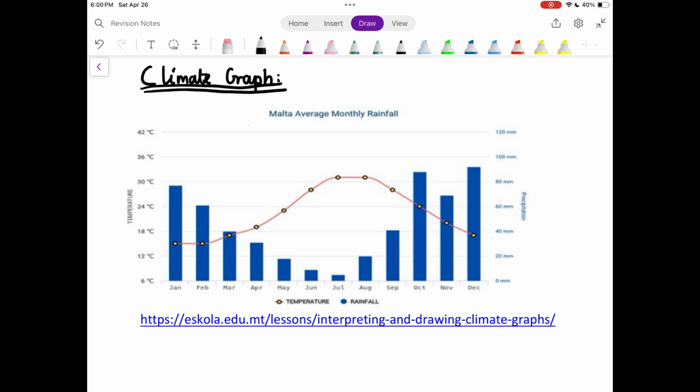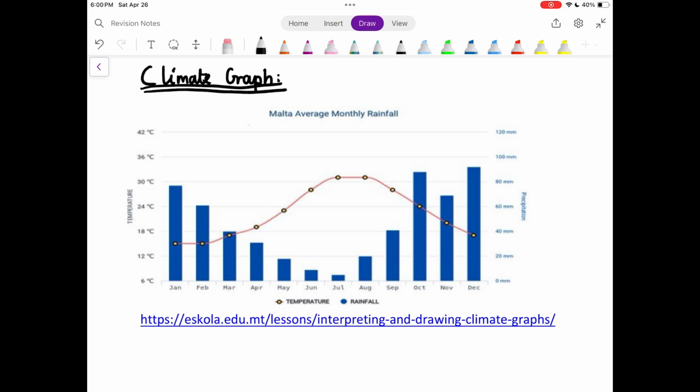And it shows how the temperature increases and decreases over the year. So as you can see, the temperature increases until around 31, I would say, from January to July, and then it decreases back to 18 in December.